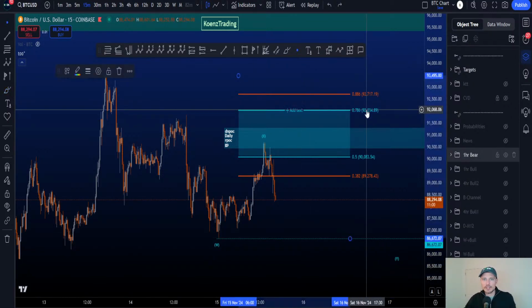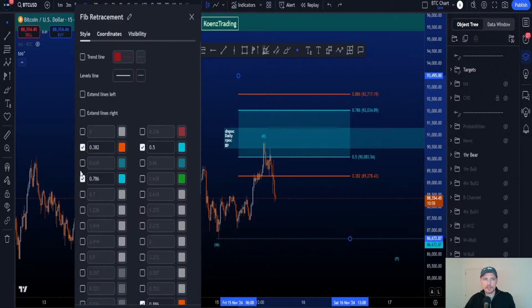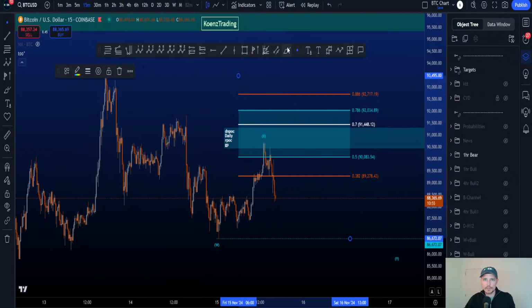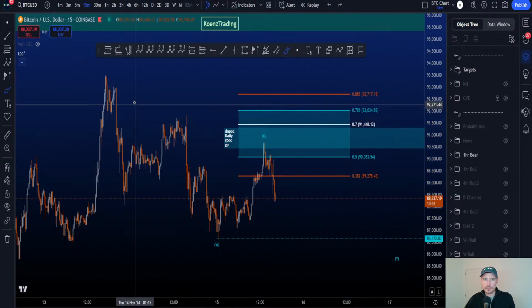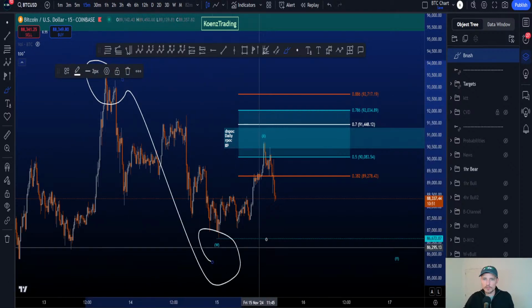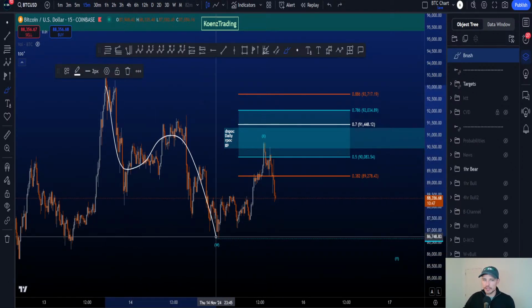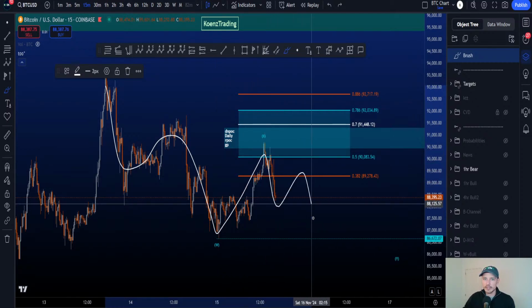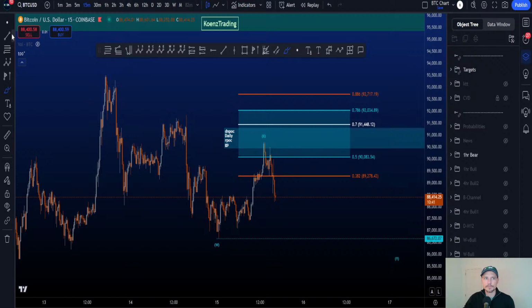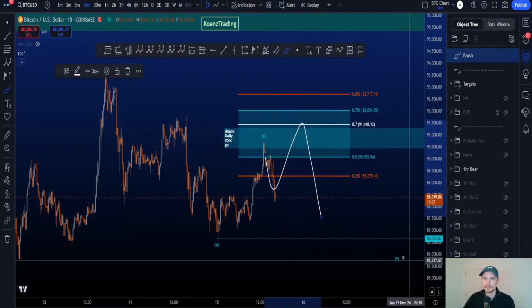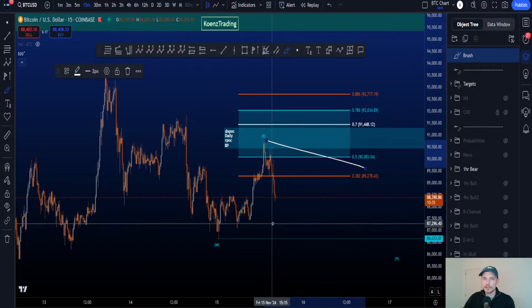Now, because price did not touch the 0.7 in this case, over here, Fibonacci taken from the high to the low of W, there are still probabilities to label this as a zigzag in W, X, and a zigzag in a wave Y. Wave Y, however, can also be a flat and even a triangle.